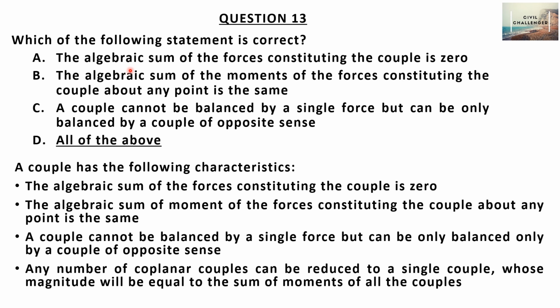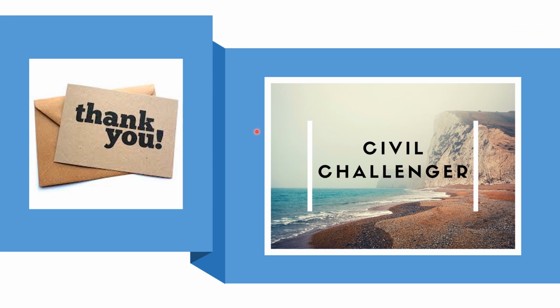The algebraic sum of the forces constituting the couple is 0, which is true. The algebraic sum of the moments of the forces constituting the couple about any point is the same. This statement is also true. And a couple cannot be balanced by a single force but can only be balanced by a couple of opposite sense. This is also correct. Okay, that's all in this video. Thank you.